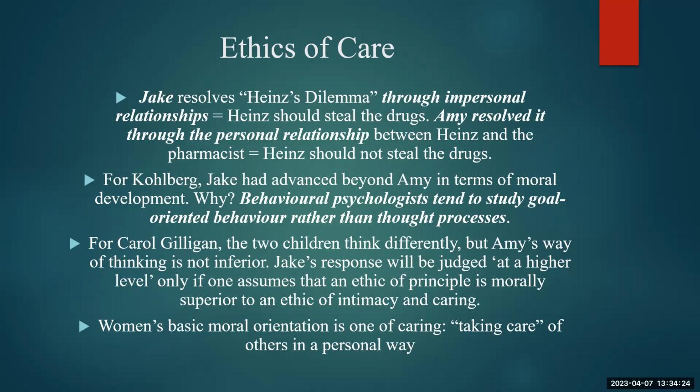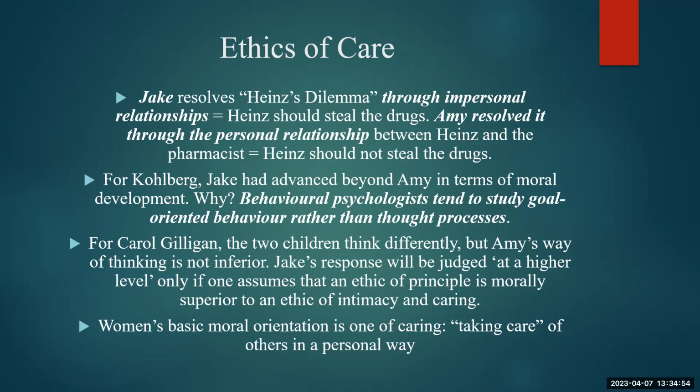So Jake and Amy look at this dilemma, and Jake says, okay, well, that can be resolved through impersonal relationships, which means that Heinz should simply steal the drugs. Amy says, no, these people still need to come to some kind of agreement. So she looks at the personal relationships between each person to see if there's something that can be successfully achieved by which Heinz could still get the drugs and the pharmacist could still get paid.